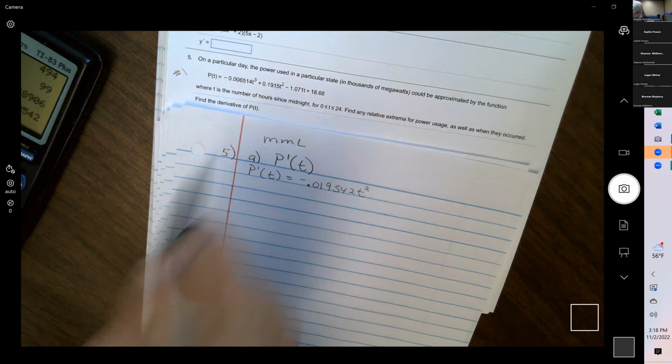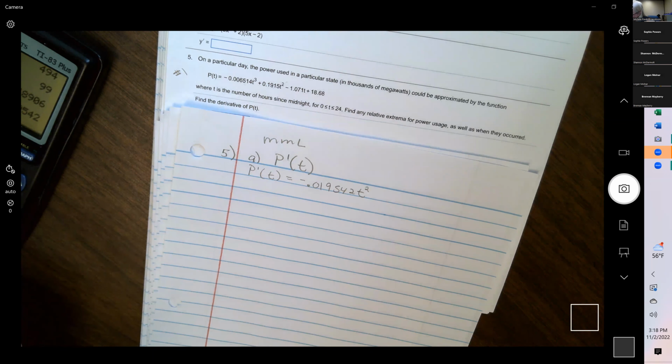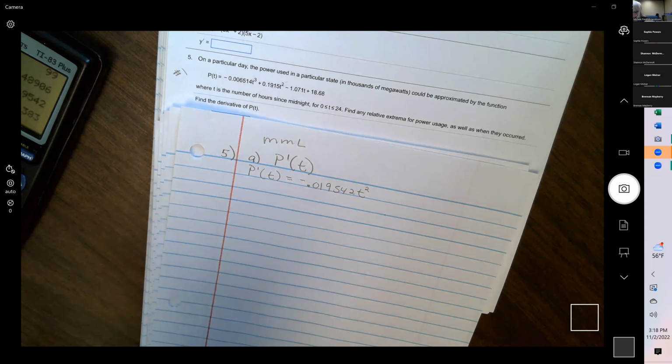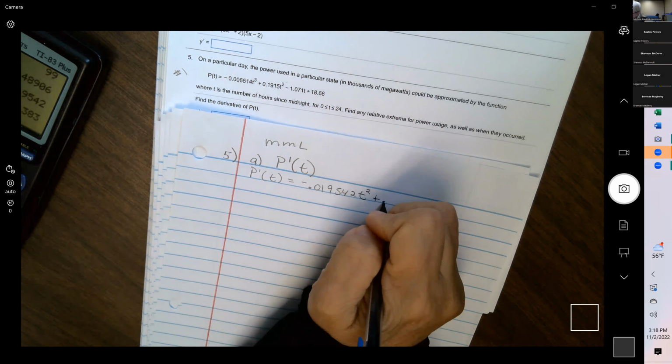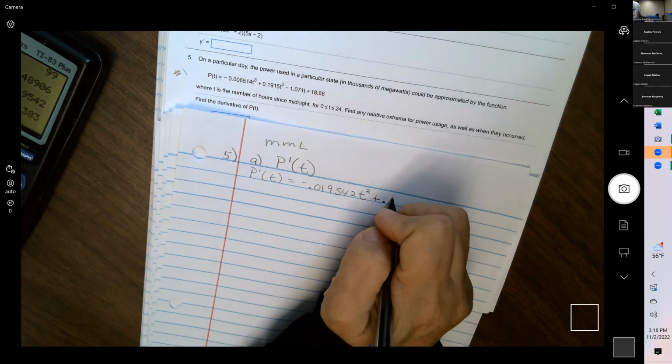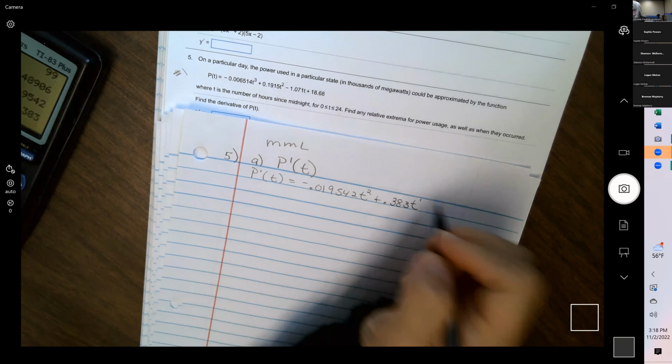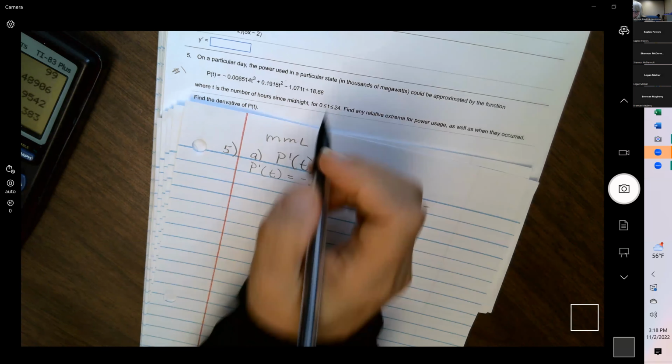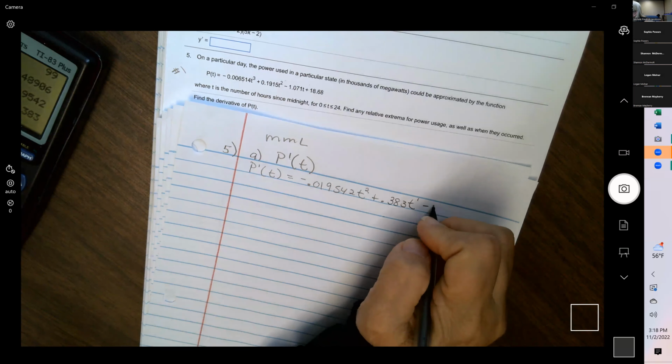Then we multiply by 0.1915 times 2, which is 0.383. And then t, when you subtract 1, will be to the first power. And then 1 times this is a negative 1.071. T to the 0 drops off, and this goes to 0. That would be the first part, the derivative.